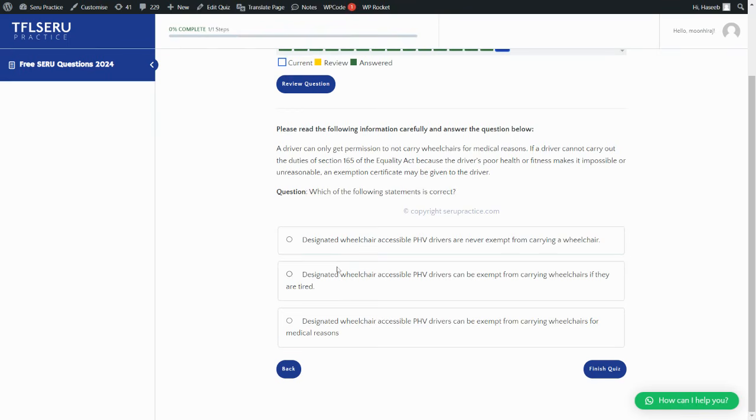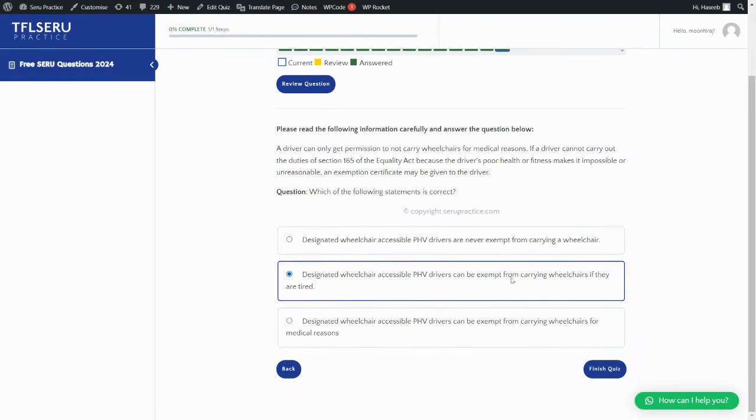The options which we are given are: designated wheelchair accessible PHV drivers are never exempt from carrying a wheelchair, which we know is a wrong answer because here it says that you can be exempted. Second option is designated wheelchair accessible PHV drivers can be exempt from carrying wheelchairs if they are tired.